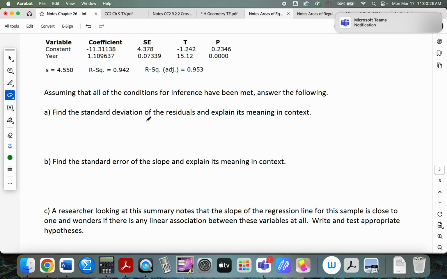First, find the standard deviation of the residuals and explain its meaning in context. The standard deviation is right here. That's S. It's 4.550.